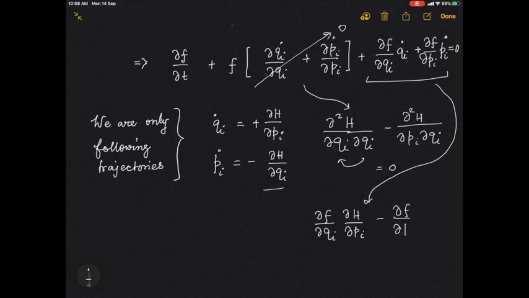and the second term is del f del pi, and this is del h. I have the minus sign already here. That you already know, and we defined already as the Poisson bracket of f and h.